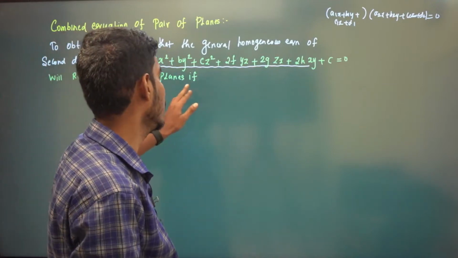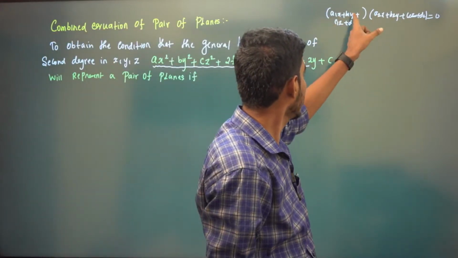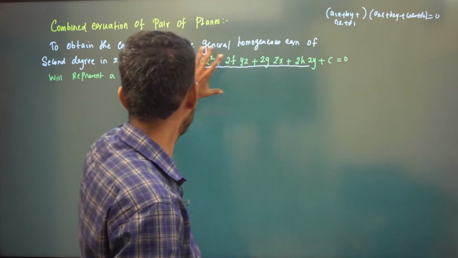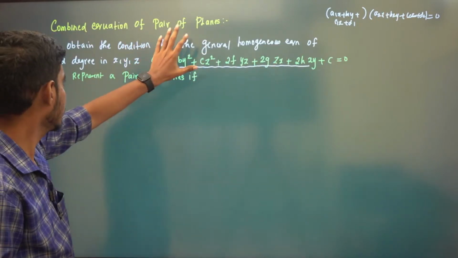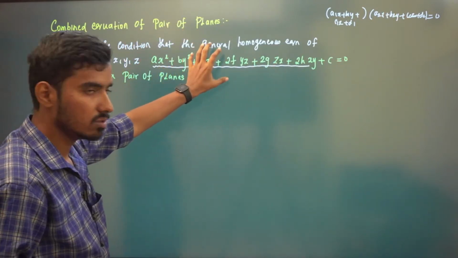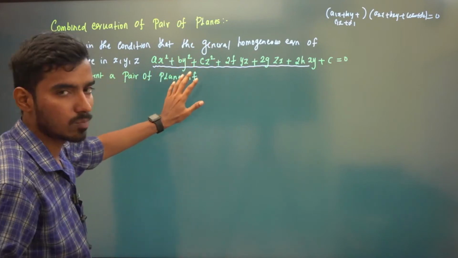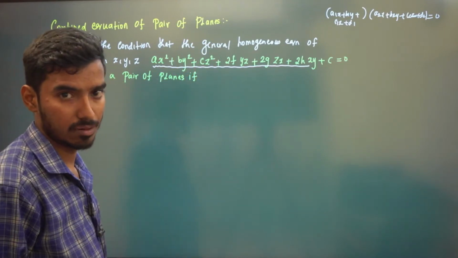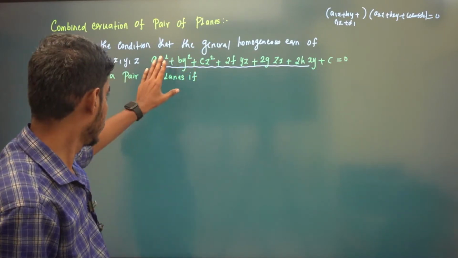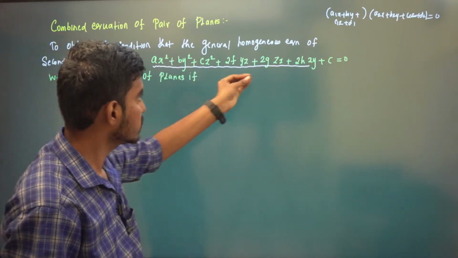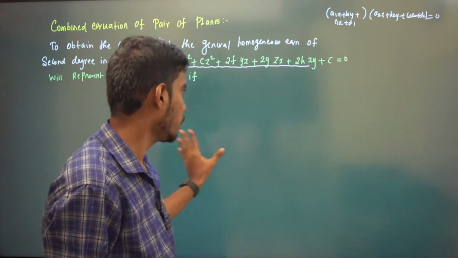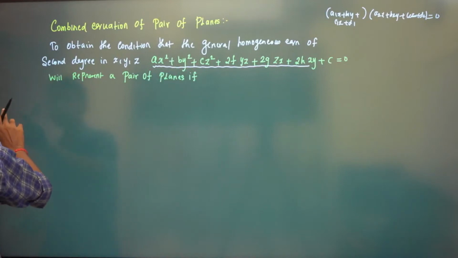It will be in this pattern only, right? x square, xy term, and this is the general homogeneous equation of second degree. This will represent the pair of planes if the following condition is satisfied, that is, the multiplication of two planes if the following condition is satisfied.